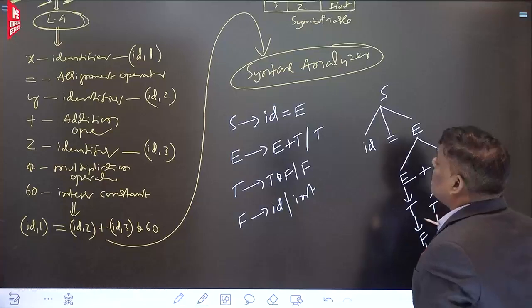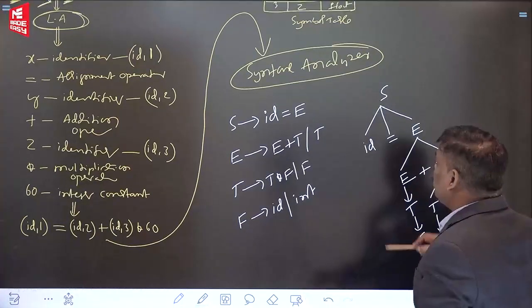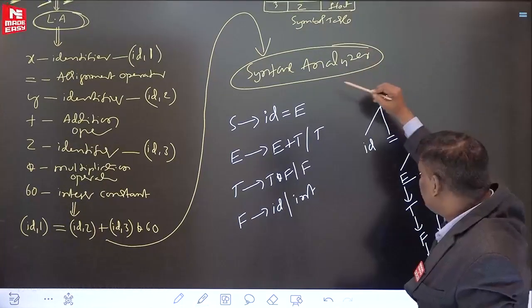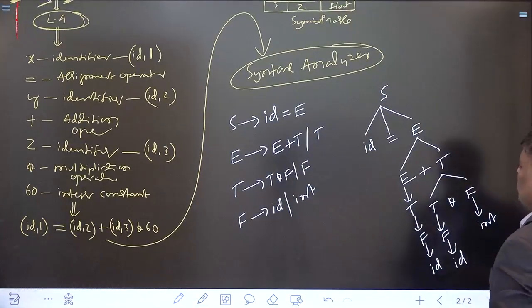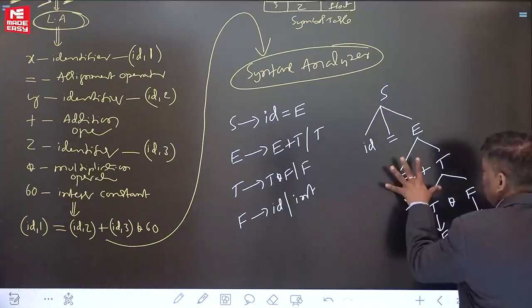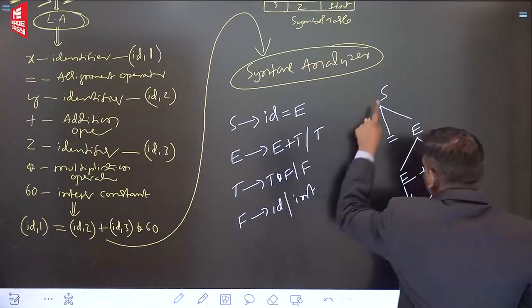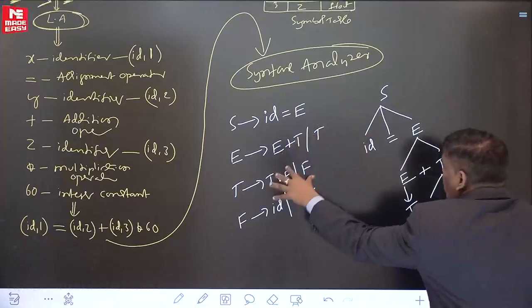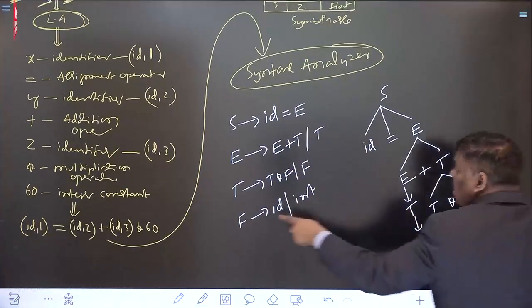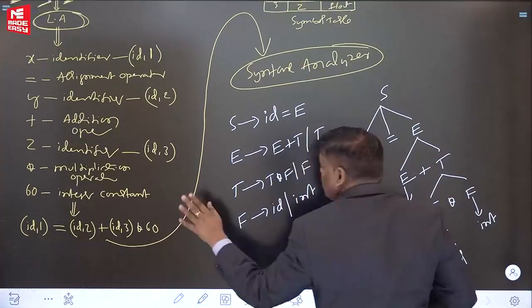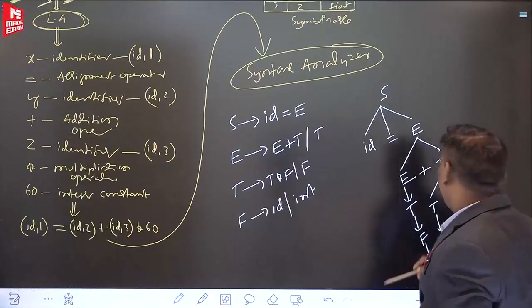Listen, everyone. The syntax analyzer's input is going to be a token string, and the output is going to be a syntax tree. This is called the syntax tree. Some people are asking me what this syntax tree contains. Using this grammar, I drew this tree to generate this token string. Some people are asking, sir, where did you generate it?